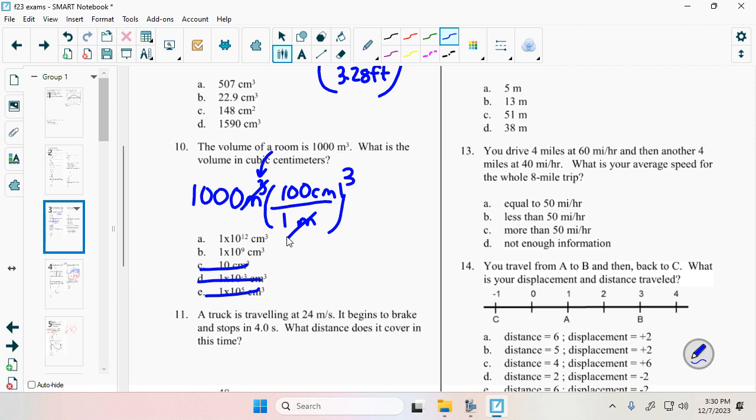So I get 1,000 times 100, which is now cubed. That's going to be 10 to the 6, so 1 times 10 to the 9. Okay? Be careful with that. I wouldn't say it's a tricky question, but often students will forget to cube or to square those conversion factors.